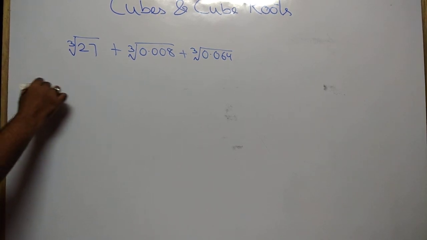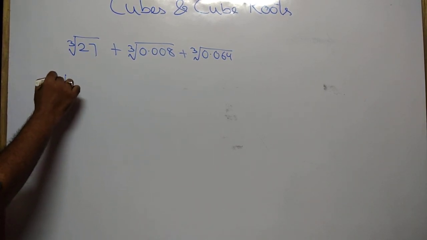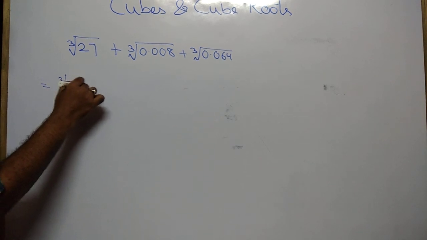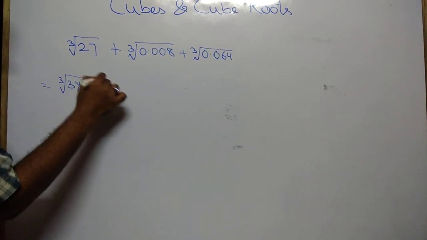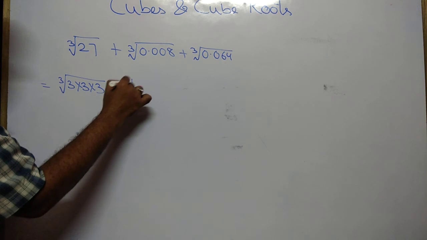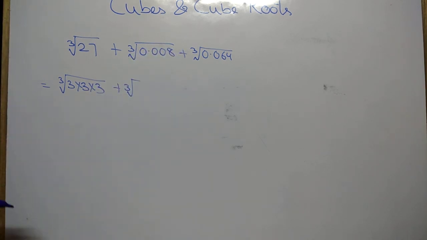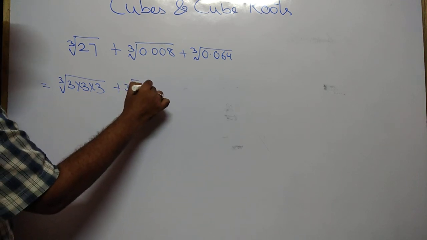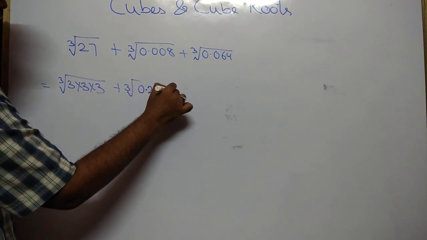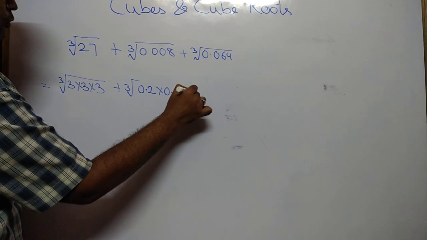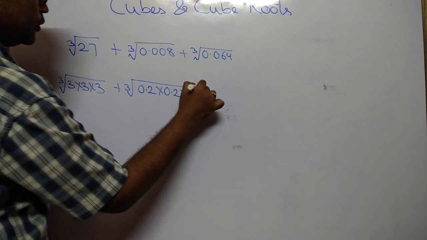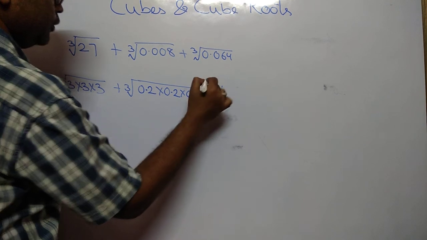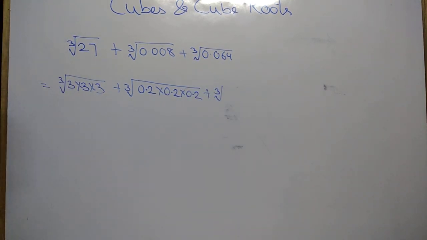As we know, the cube root of 27 means the cube root of 3 into 3 into 3, plus the cube root of 0.008. It's a very simple one. We can write directly 0.2 into 0.2 into 0.2, plus the cube root of 0.064. How do we find this one?